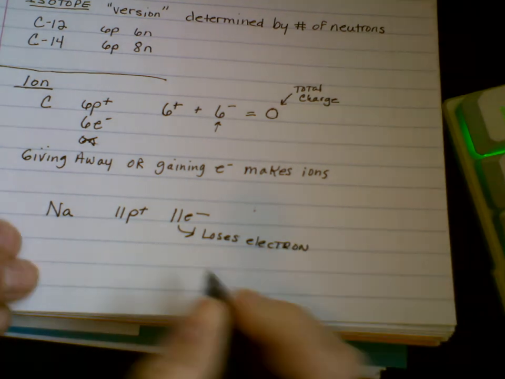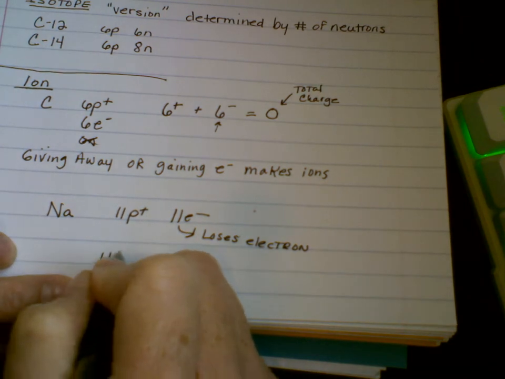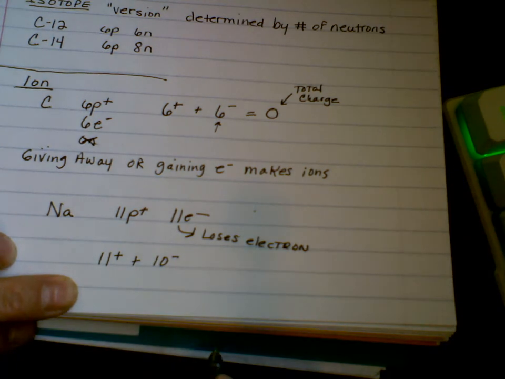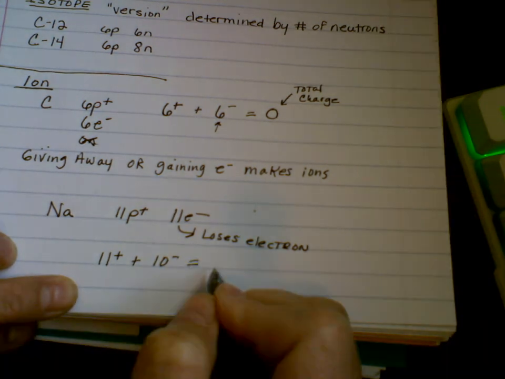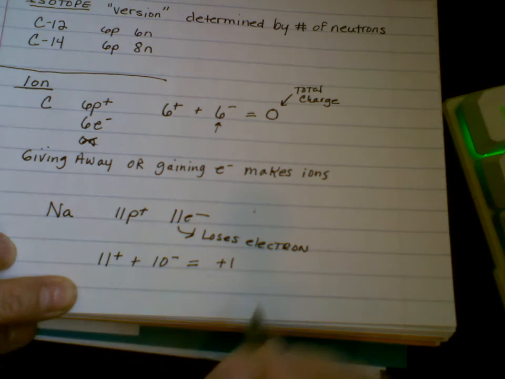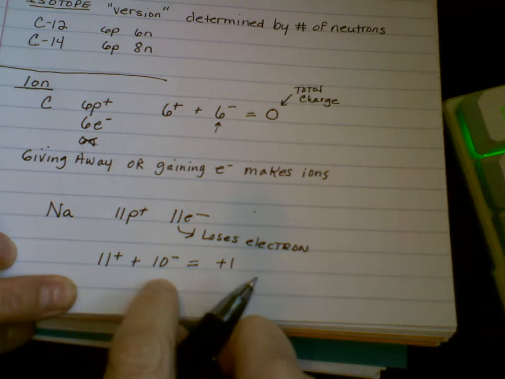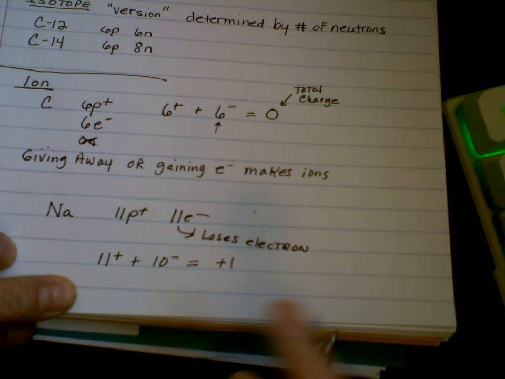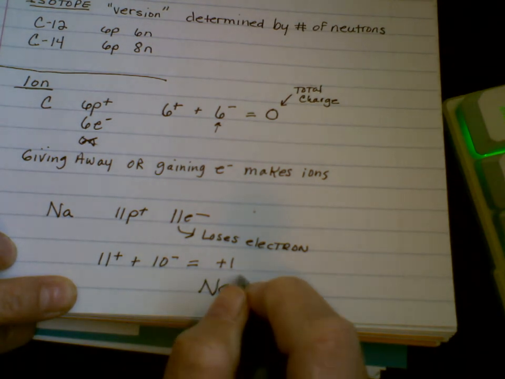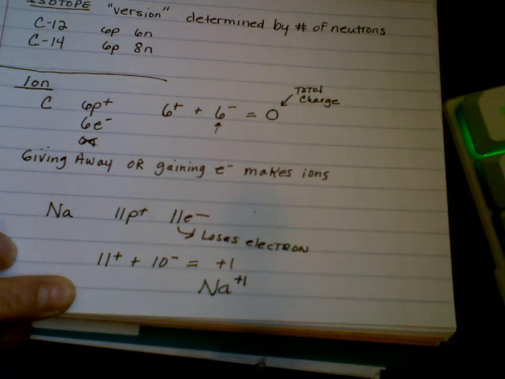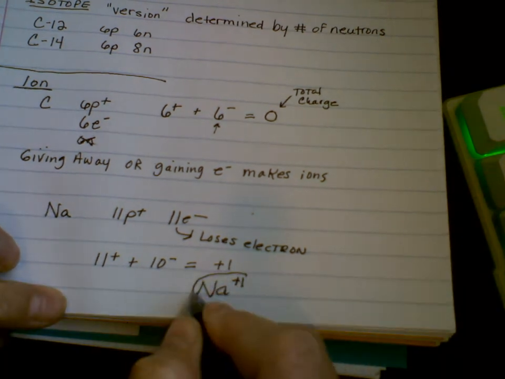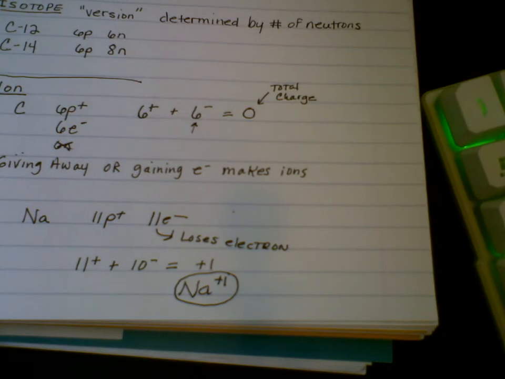That's how sodium typically behaves. So in that case, it would have a positive 11 plus a negative 10 because it's going to give away one of them. Well, when you do that math, you end up with a total of positive 1. These don't cancel completely out. When you add this problem up, you get positive 1. So sodium in general has a positive 1 charge. Sodium all by itself is neutral, but it quickly gives away that 1 electron and it becomes positively charged, and we call this a sodium ion.